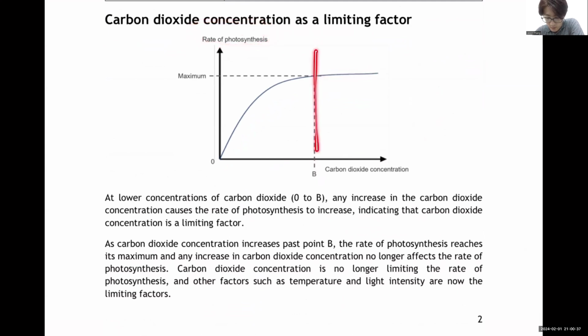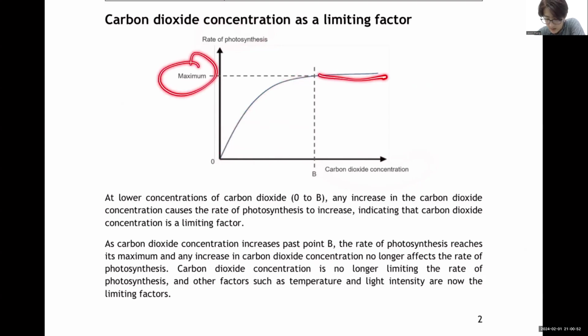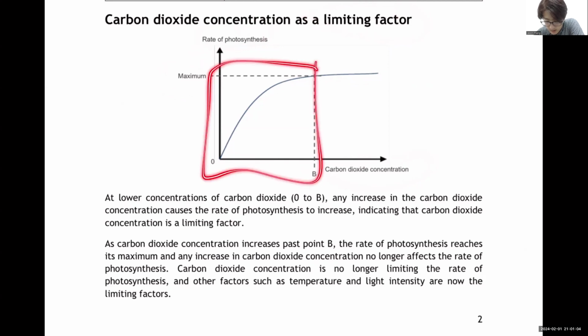I need us to understand over here, before point B, as carbon dioxide concentration increases, rate of photosynthesis also increases, as you can see in this line. But it will reach a maximum, which means that after point B, no matter how much more carbon dioxide I add, the rate does not increase anymore. So the idea of the limiting factor is this part.